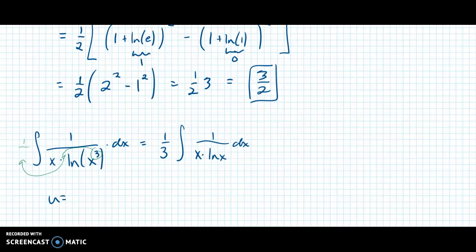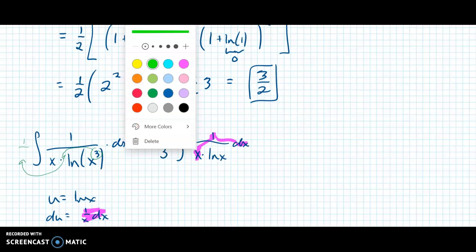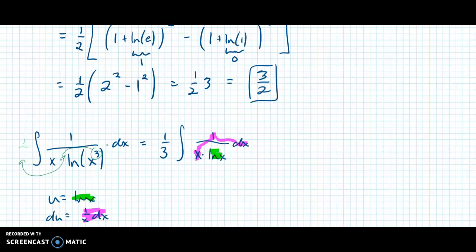And then at this point, I can say, all right, I'm going to let u equal ln x, and then du is 1 over x dx. The pieces are a little bit broken up, but this and this are all that, and then this is that. So I get 1/3, and then I have my du integral, that's this stuff in the top.